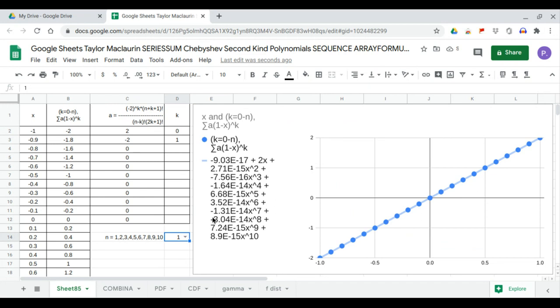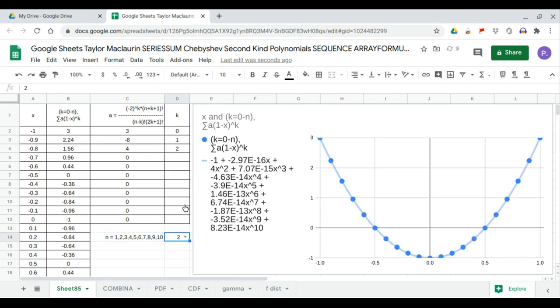So at n equals 1, our Chebyshev second kind polynomial y equals 2x. Just 2x. Everything else is 0. At n equals 2, our Chebyshev second kind polynomial is negative 1 plus 4x squared.